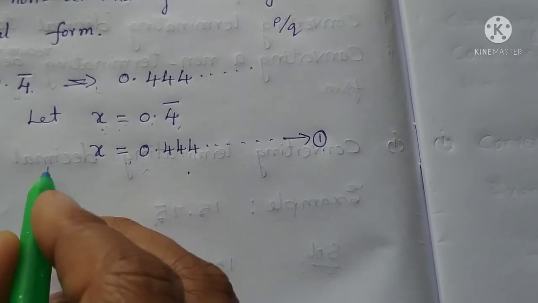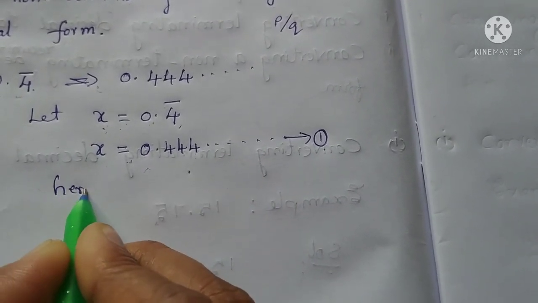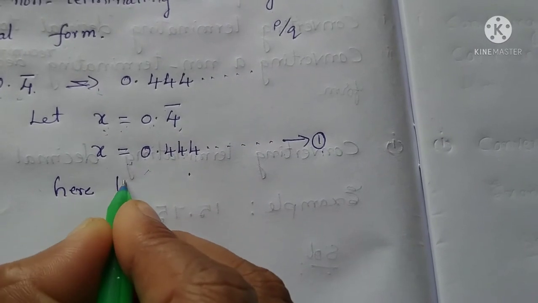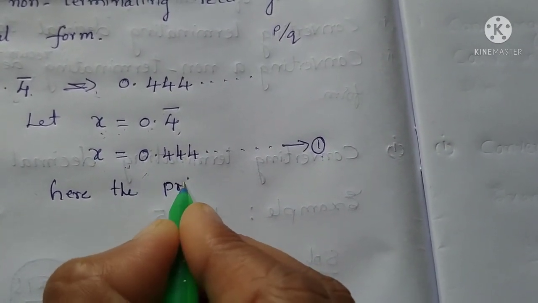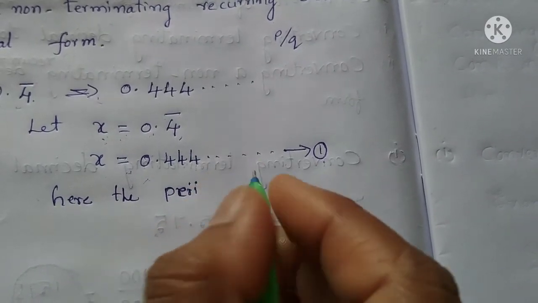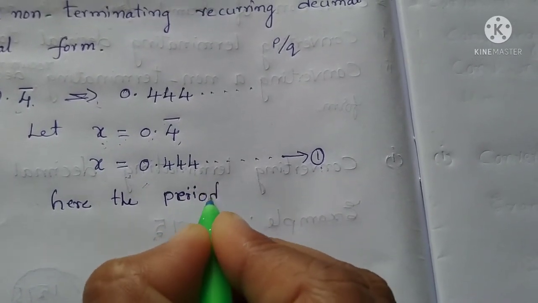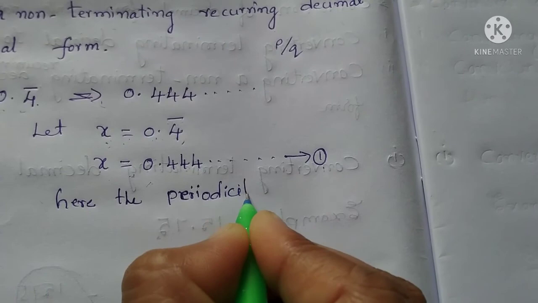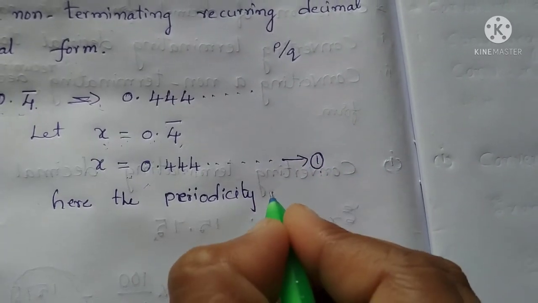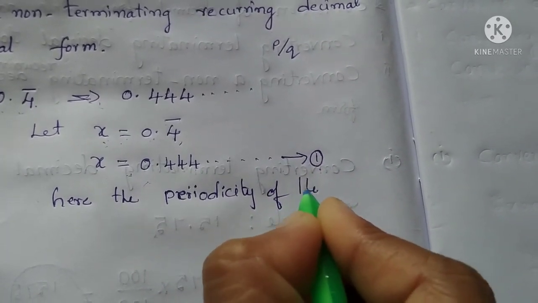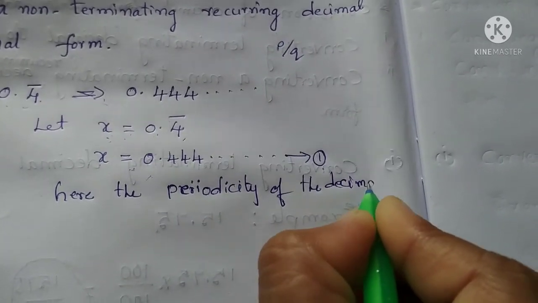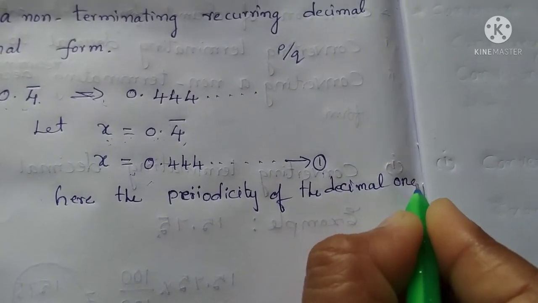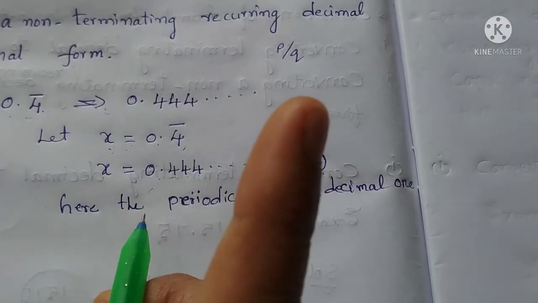Here, the periodicity of the decimal is 1. So after the decimal point, 1 digit is there.